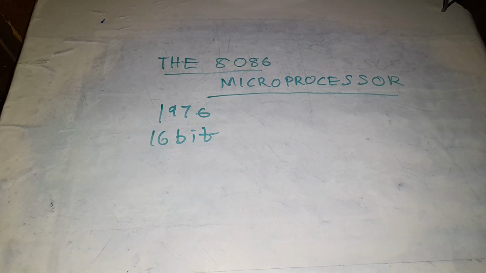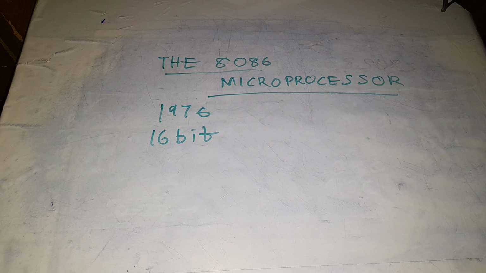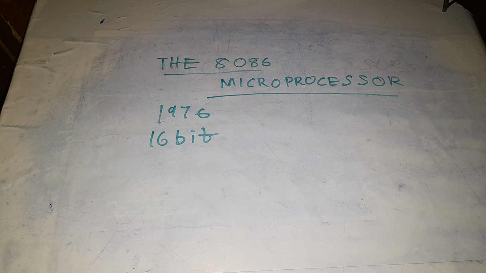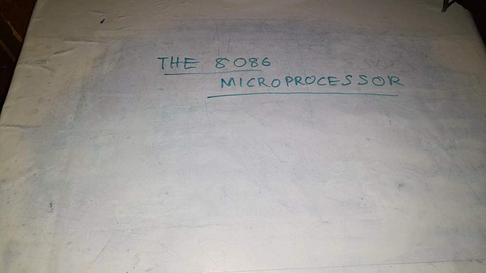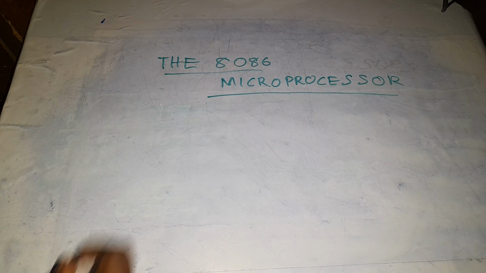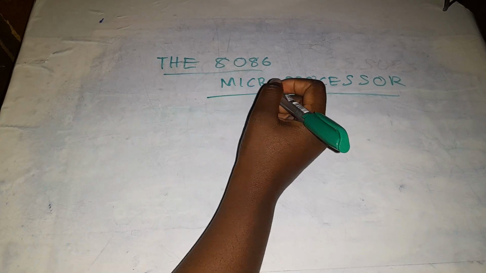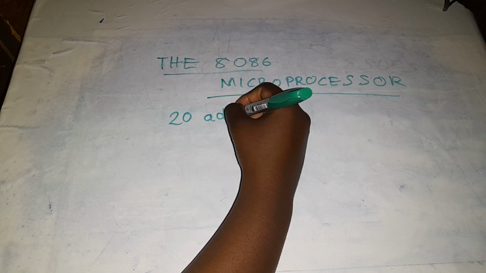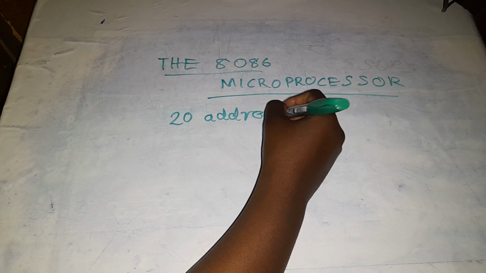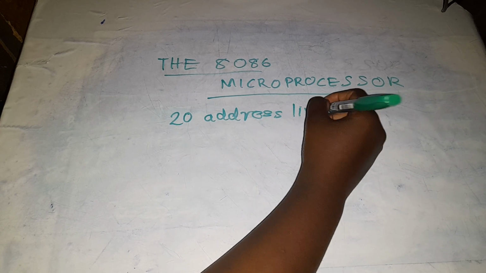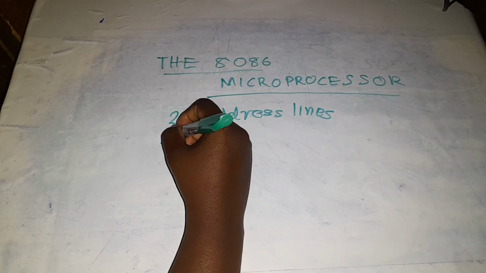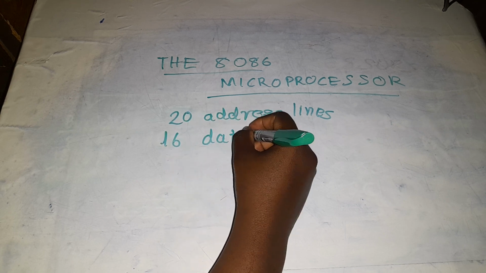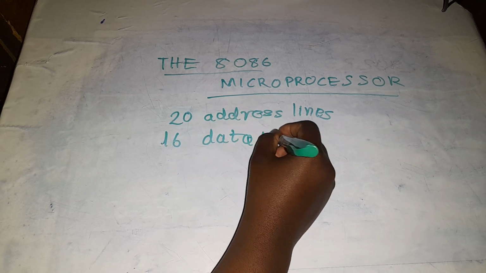So when you're going to look at a specific microprocessor, you're going to narrow down more. For example, one of the things you're going to note about the 16-bit microprocessor is that it has 20 address lines and 16 data lines.